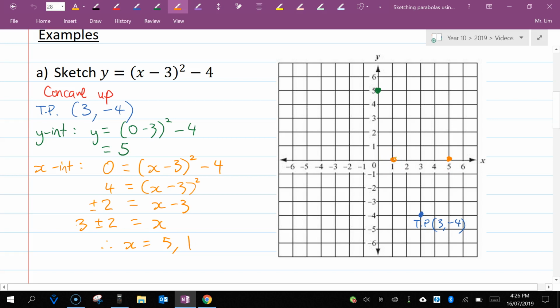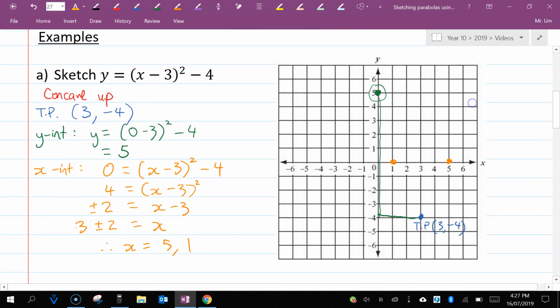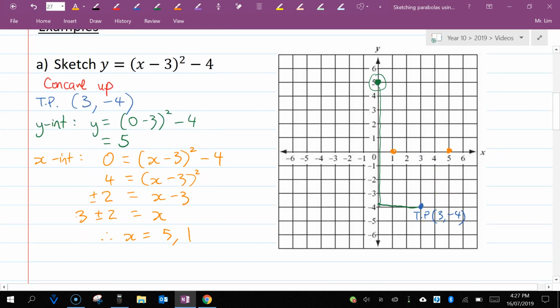Now, the last thing that I like to teach my students is to put one more point in, just to make it look nice. See how the y-intercept is here? Technically, we went left 3 and then all the way up to 5 from the turning point. So from the turning point, we're going to go in the opposite direction.